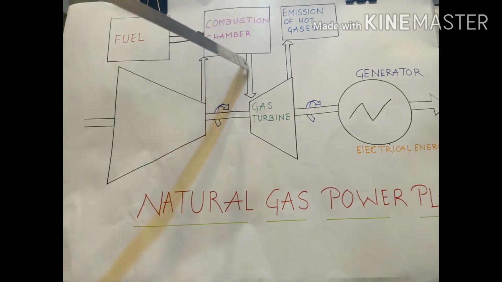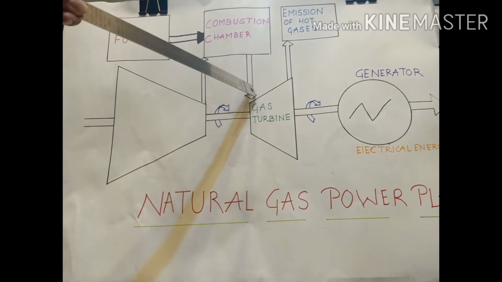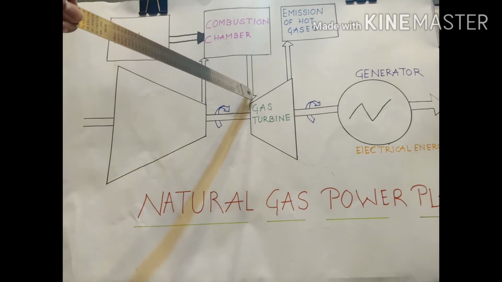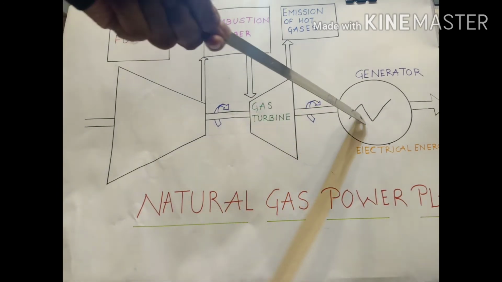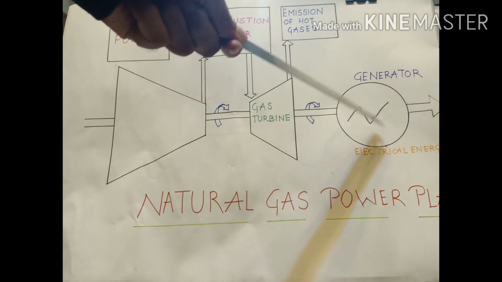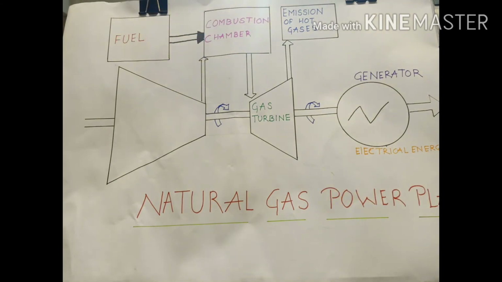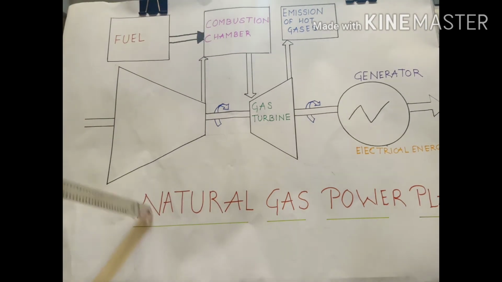The kinetic energy of these hot gases then is used to run the turbine, which in turn runs the generator to produce electrical energy. So students, this is how a natural gas power plant is used to generate electrical energy.